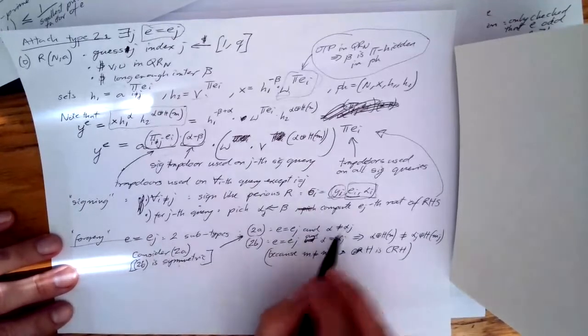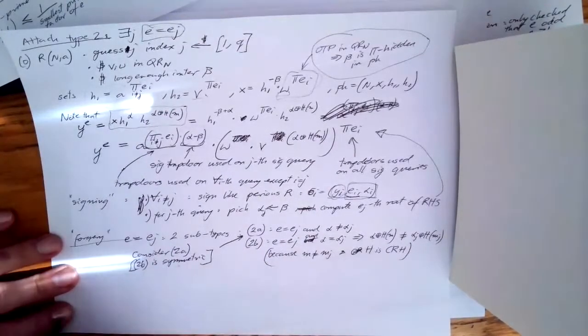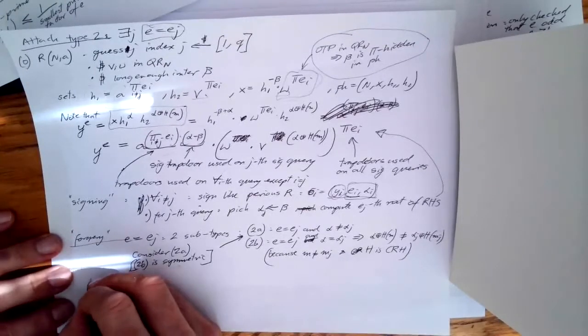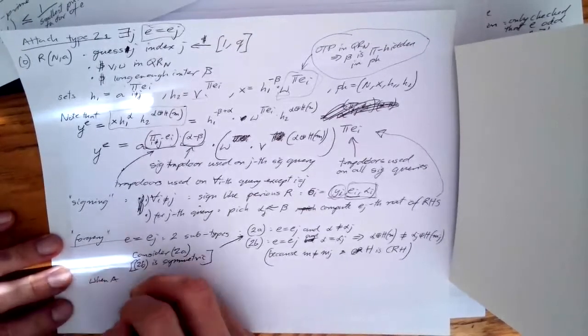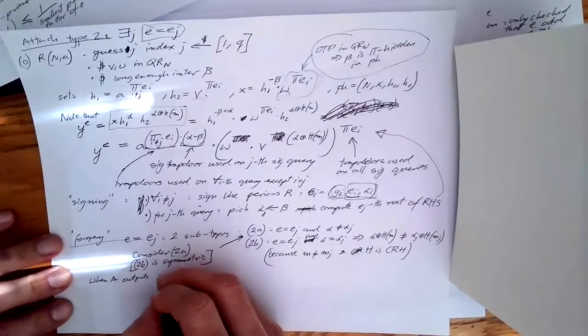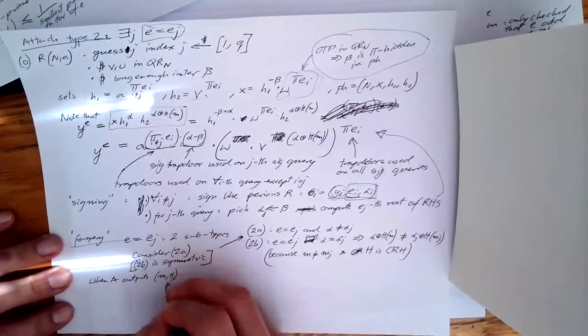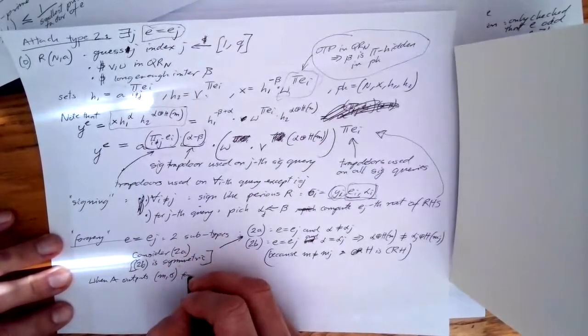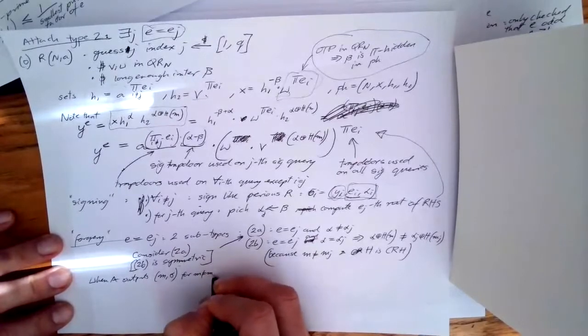Okay, so how do we deal with these forgeries? So when A outputs m, sigma for m, of course, not equal to mj.